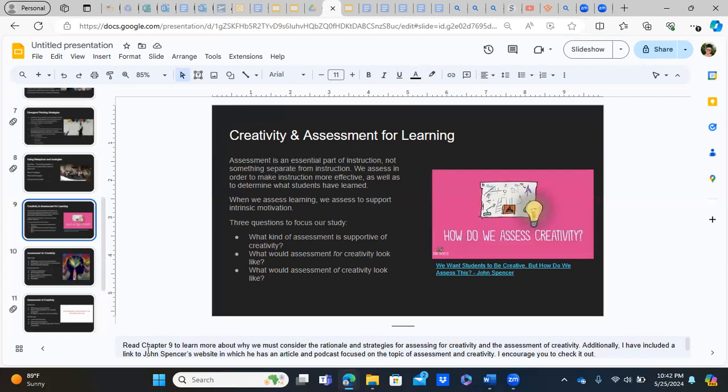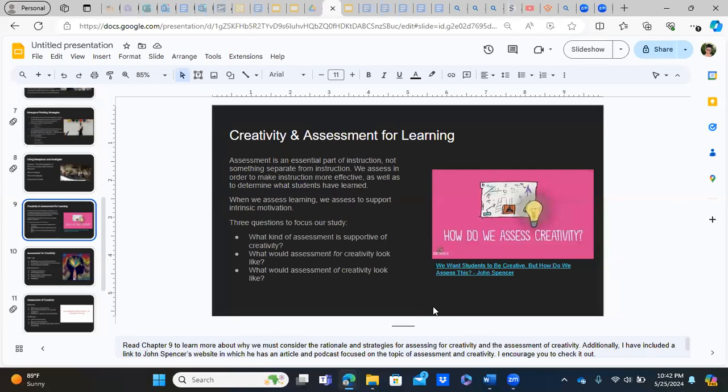So you need to read chapter 9 to learn more about why we must consider the rationale and strategies for assessing for creativity and the assessment of creativity. Additionally, I've included a link to John Spencer's website, and this particular link is an article and a podcast that's focused on the topic of assessment and creativity.